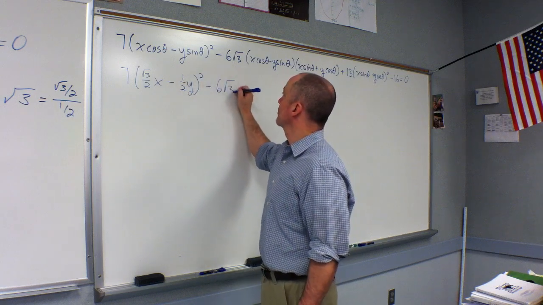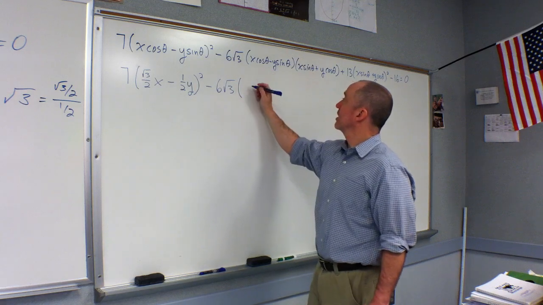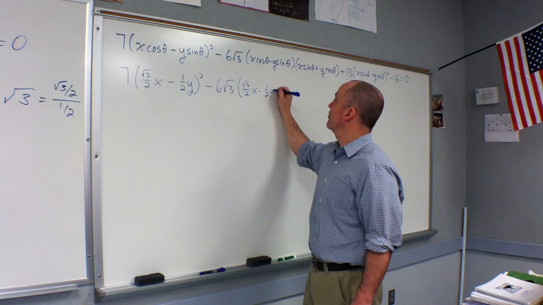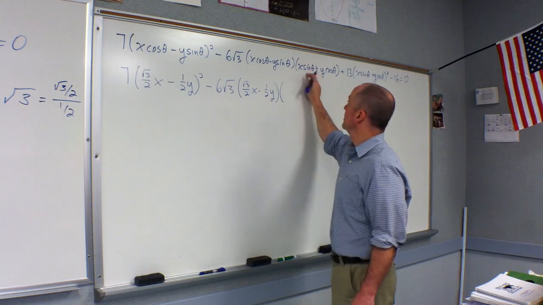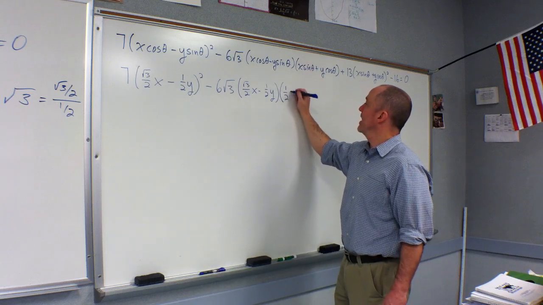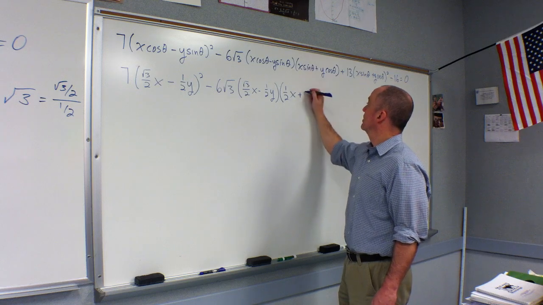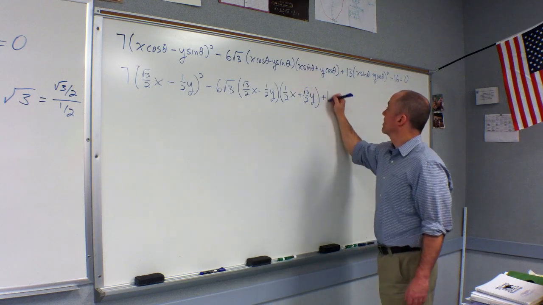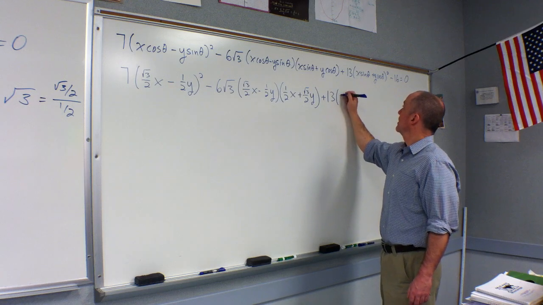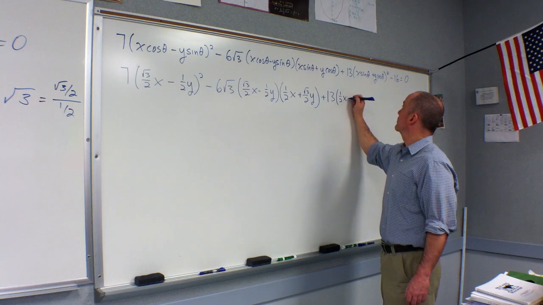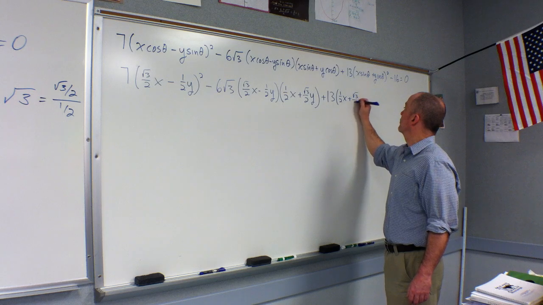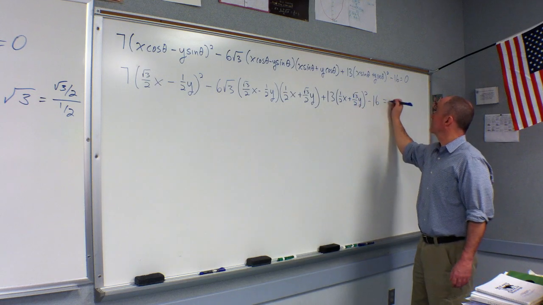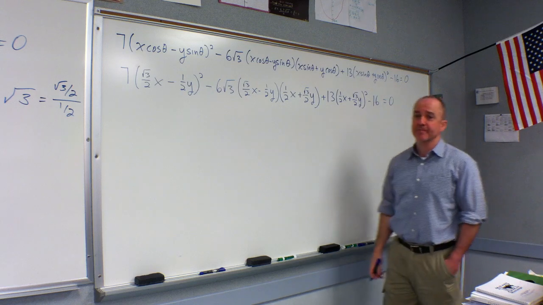Minus 6 root 3, cosine again, root 3 over 2x minus 1/2 y times sine of 30, 1/2 x plus root 3 over 2y, plus 13, 1/2 x plus root 3 over 2y squared minus 16 equals 0.